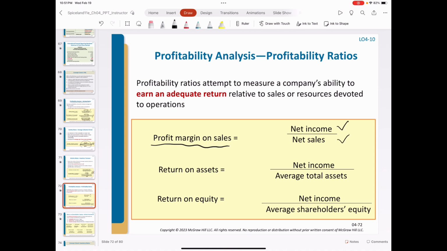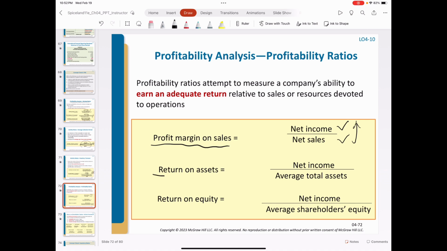The profits is the bottom line of the income statement, and sales is the top line. This represents the margin of the company, that is, the company's ability to generate profits from each dollar of sales. The greater the profit margin, the better. That means the company can make more profits from each unit of sales.